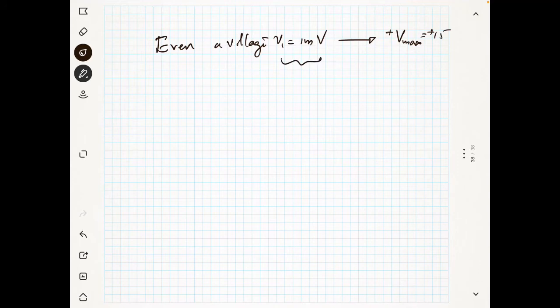How can you work with large voltages like 1 volt and 2 volt? Even 1 millivolt is giving you saturation or cutoff. So this is a problem. To avoid this problem, we use feedback.